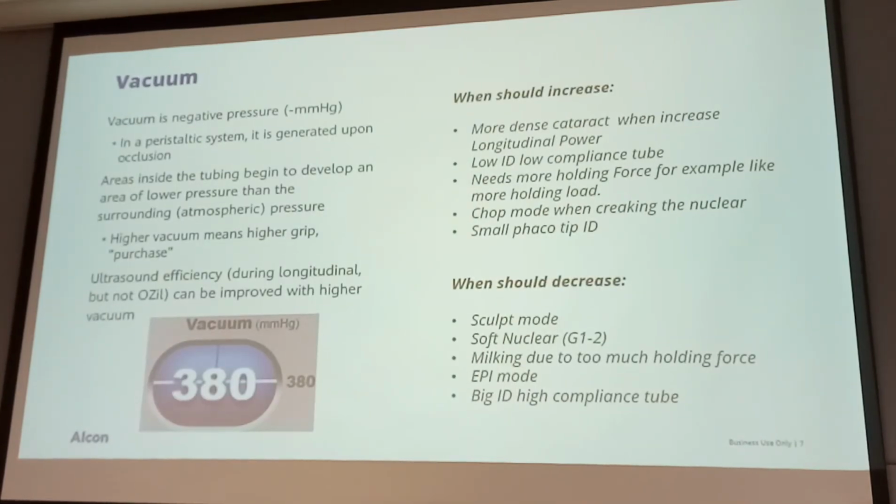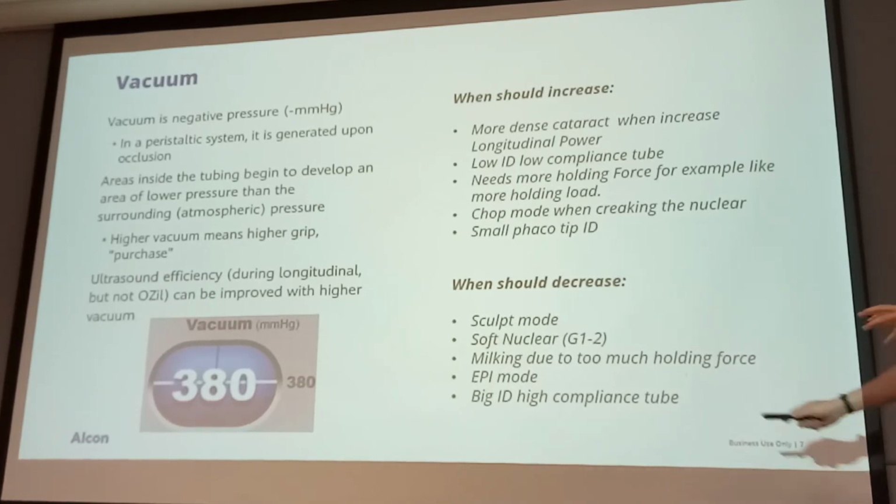So vacuum. Vacuum is the third factor of phacodynamics. It is how we can hold the nucleus. If we're facing a soft nucleus, we need to decrease the vacuum because, for example, we have a chopstick to hold tofu. If it's too much, it will break. You cannot hold it.